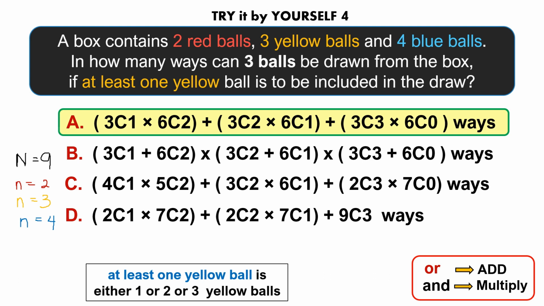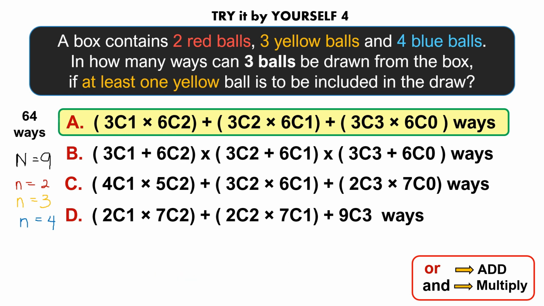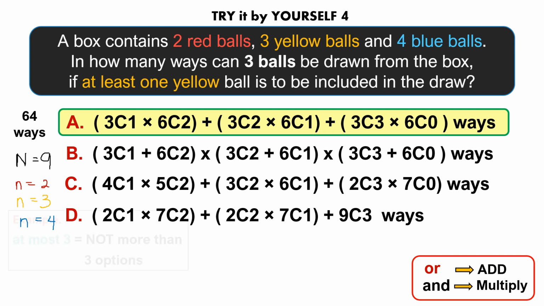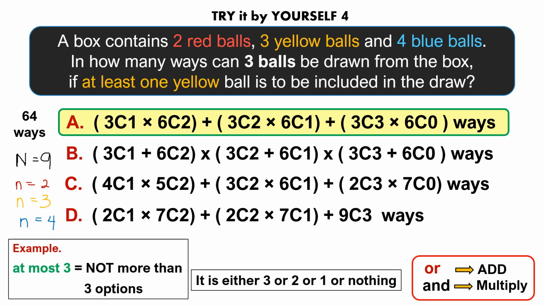As a key takeaway, if the condition needed in the problem is an at most n objects included, let's say, for example, at most 3, it means in the combination, our options should include either a maximum of 3 balls, then 2 balls, or 1 ball, or nothing.